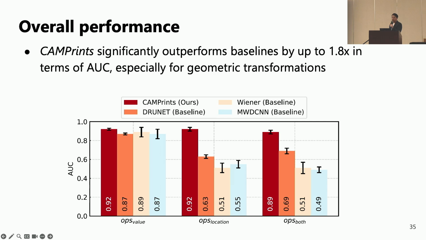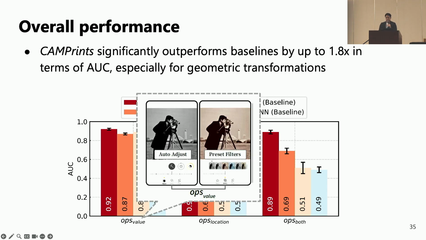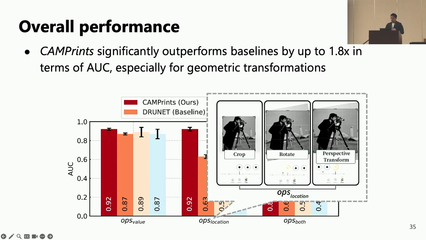So we compare CAMPrints with baseline methods across 3 different scenarios. First, when the image editing operations involve only value changes, such as auto-adjust and preset filters, we call it ops value. Second, when only spatial transformations are used, such as crop, rotate, or perspective transform, we call it ops location.